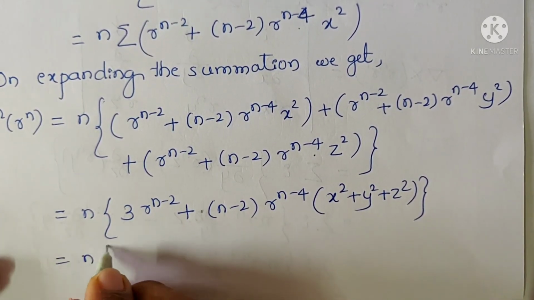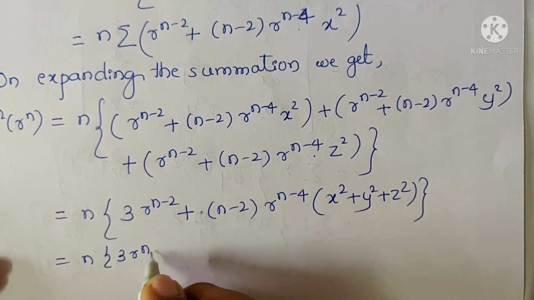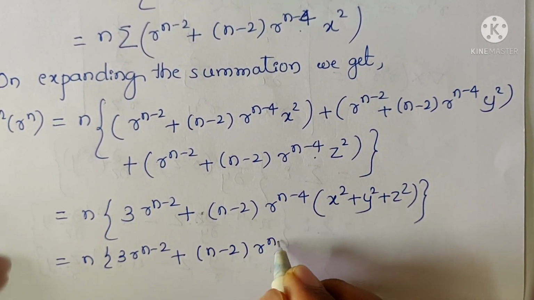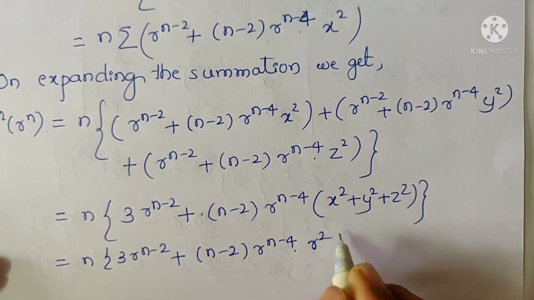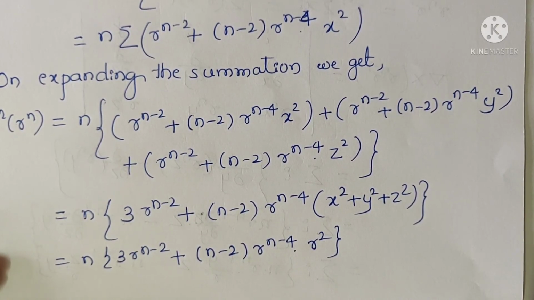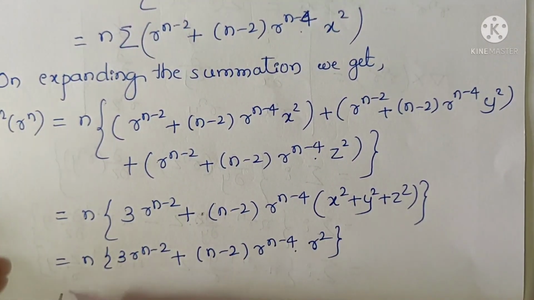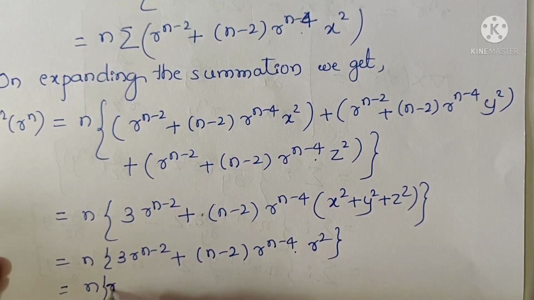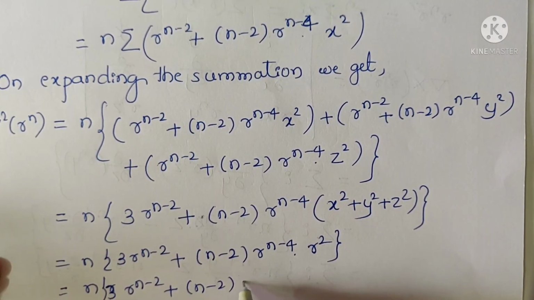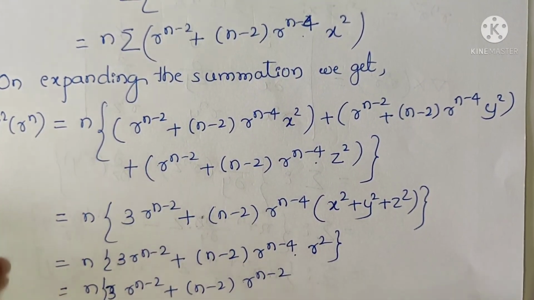So it is n into 3 into r raised to n minus 2 plus n minus 2 r raised to n minus 4 into r square. So this is n into 3 times r raised to n minus 2 plus n minus 2 r raised to n minus 2.